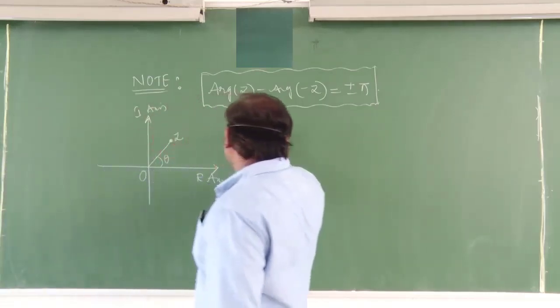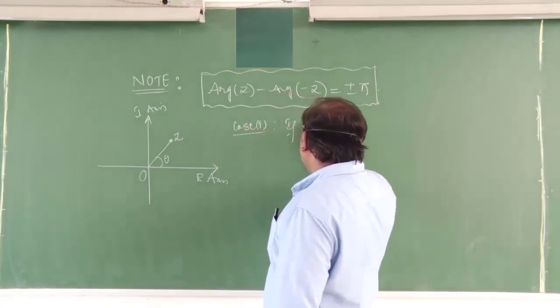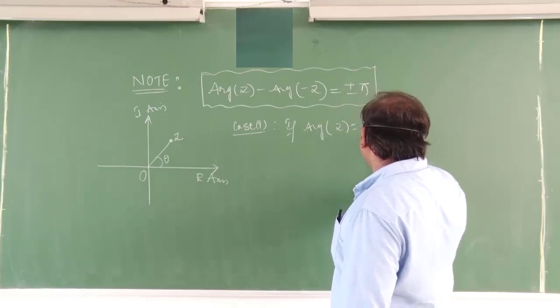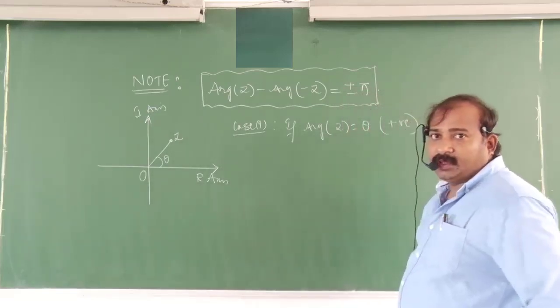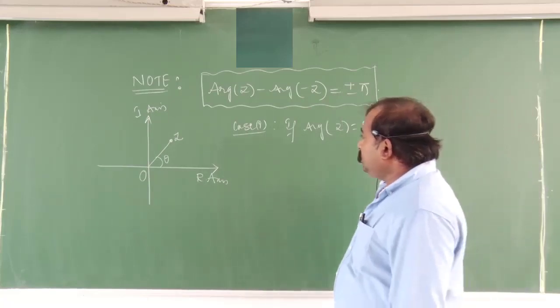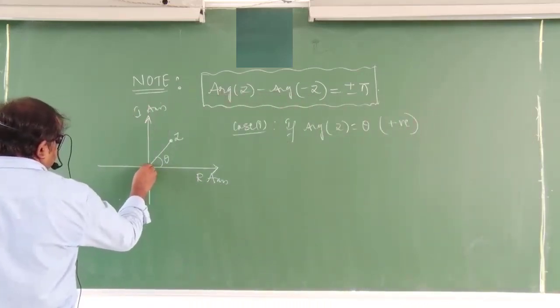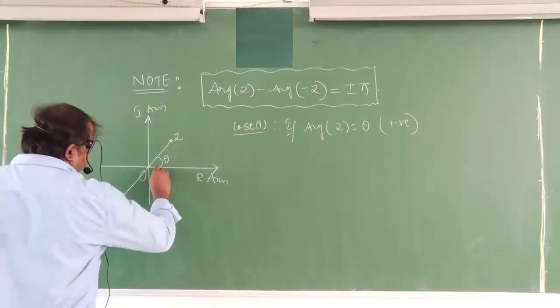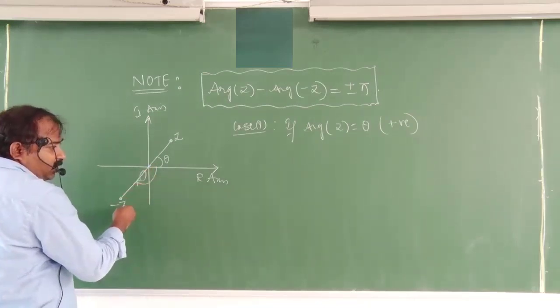First case: if argument of z is equal to theta, positive, and z is here, then minus z will be here. The argument of this in general is pi minus theta.